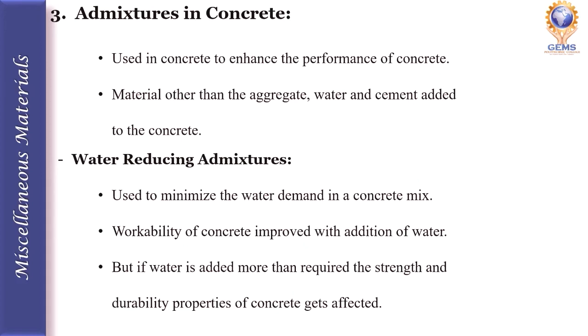But if the amount of water is more than required, then the strength and the durability of the concrete get affected. So we use the water reducing admixtures to minimize the water demand and improve the workability of the concrete.